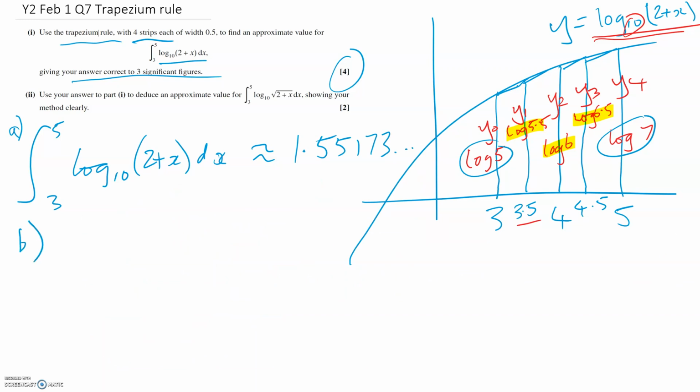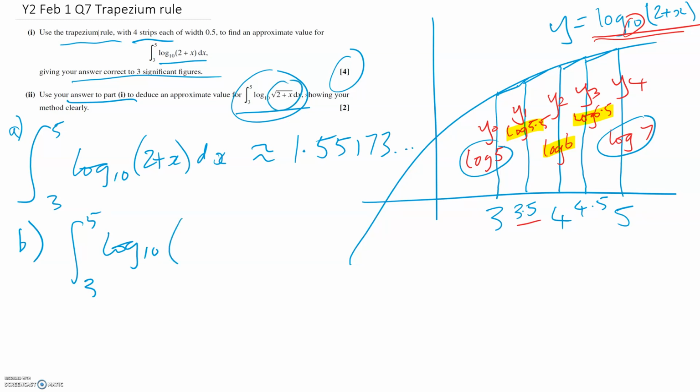For part B, we've got to use our previous answer to get an approximate value for this here. I've left the answer up for part A because it's going to help us out for part B. In part B, the only difference between the questions is that square root.